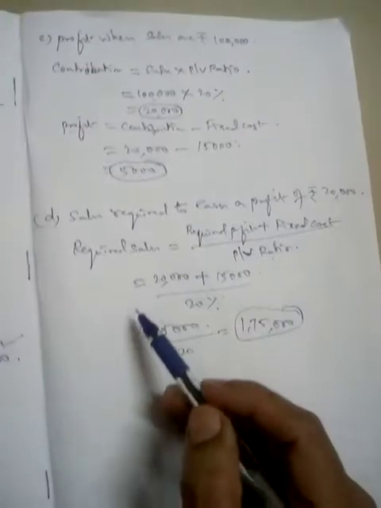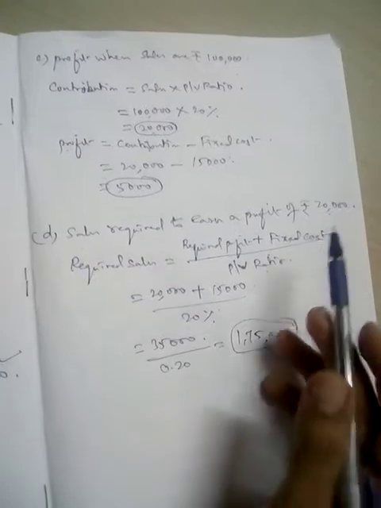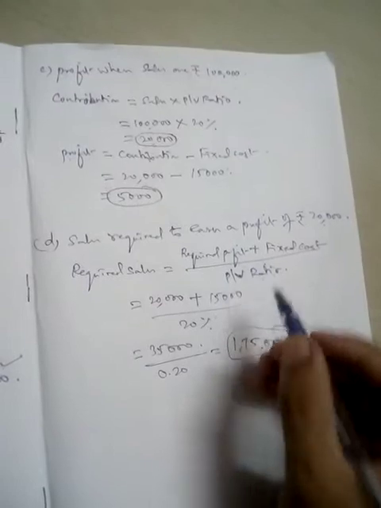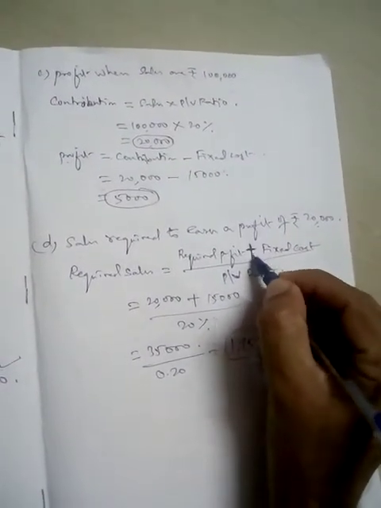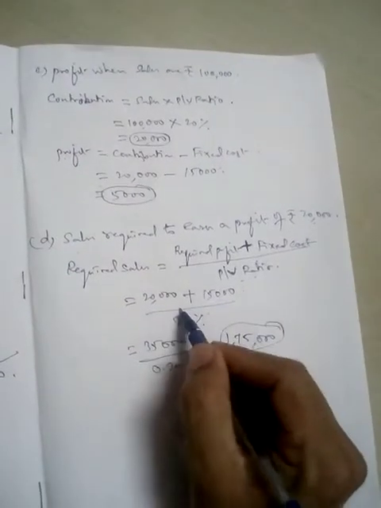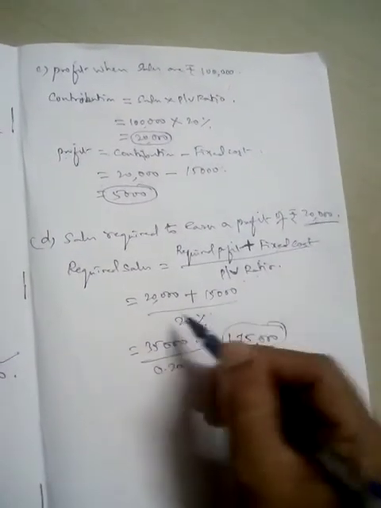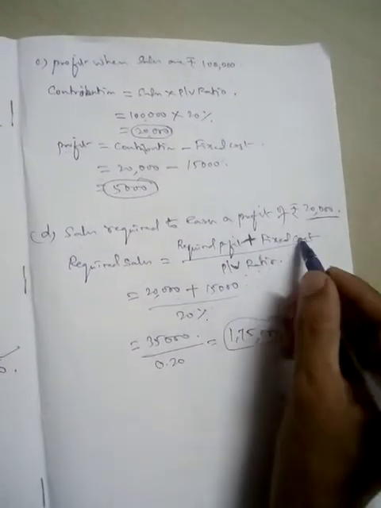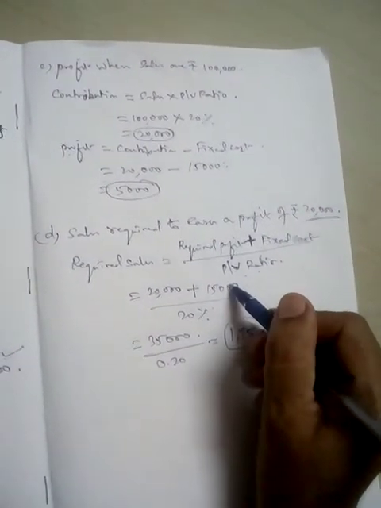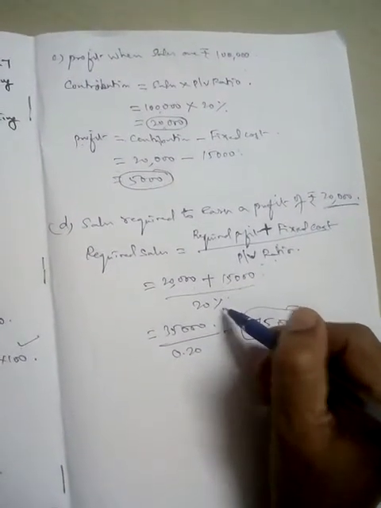And then the last one they ask: sales required to earn a profit of rupees 20,000. The formula is required sales equals required profit plus fixed cost divided by PV ratio. Required profit in the fourth question is given as 20,000, plus fixed cost 15,000 which we calculated, divided by PV ratio of 20%.